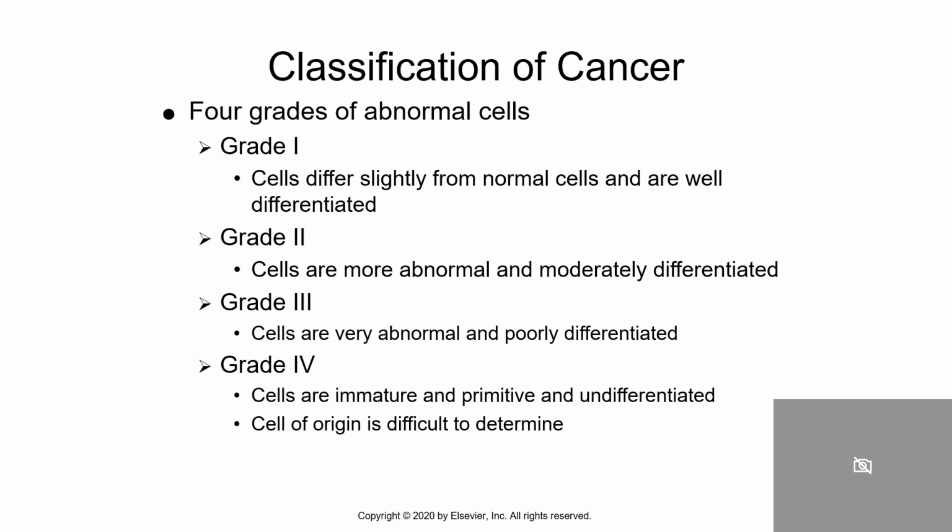There are 4 grades for this histological grading of the cell, grades 1 through 4, which vary from cells that are slightly different than normal cells and have some appropriate differentiation, to grade 4, where the cells are immature and not differentiated, and you can't determine what the origin of that cell is.